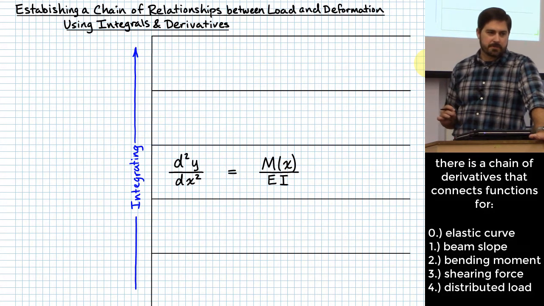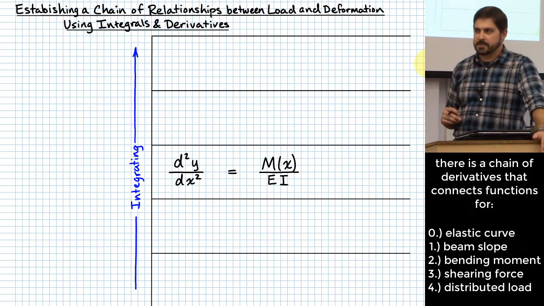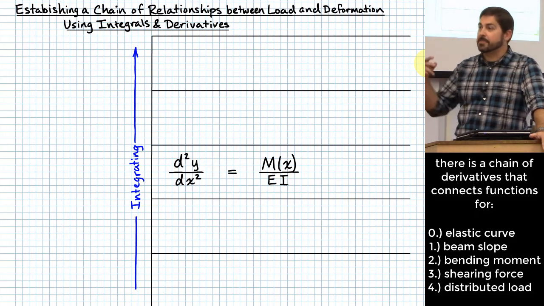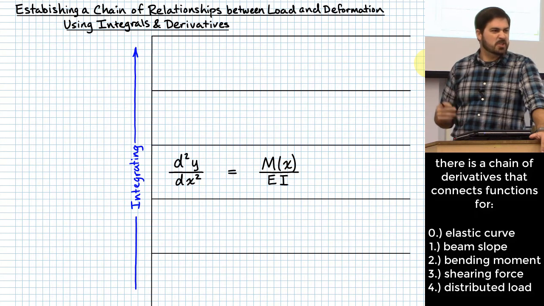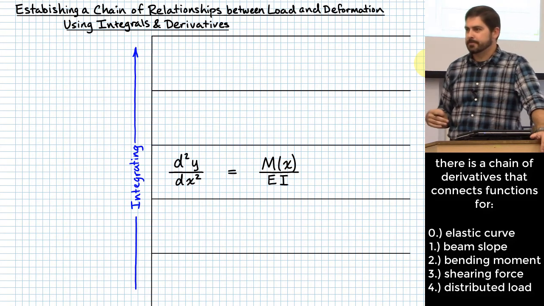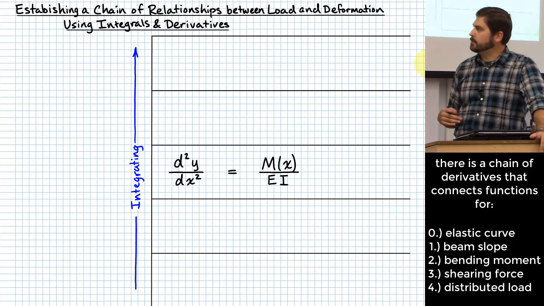I'm going to actually use a different word for that. What if I take the antiderivative of both sides? Some people use the indefinite integral as a way to say the same thing, but it's basically doing the opposite of taking a derivative. So what if I took an antiderivative of both sides of that equation right there?